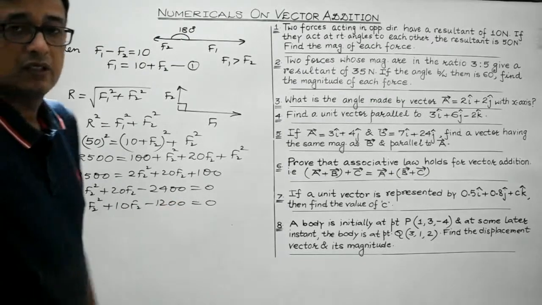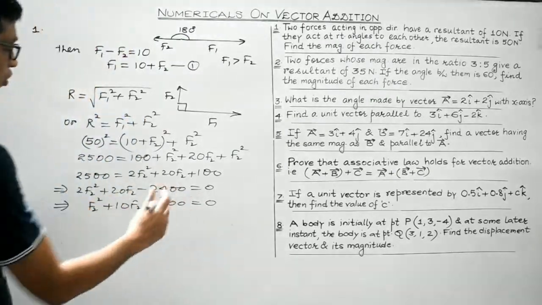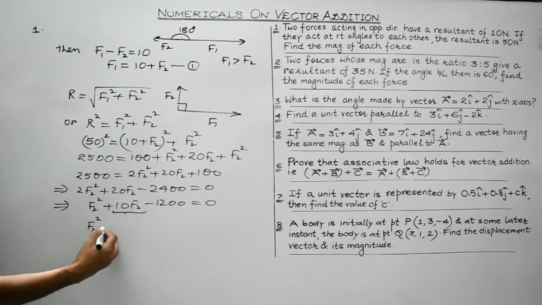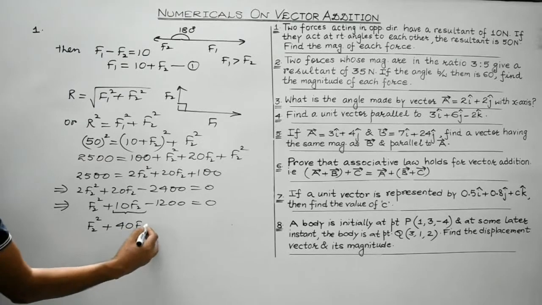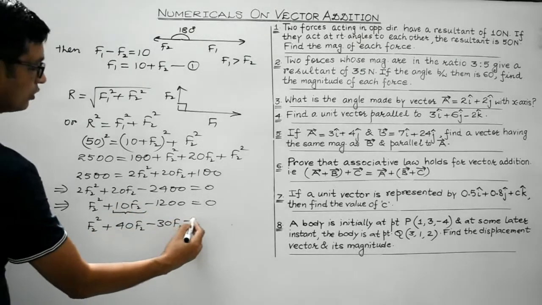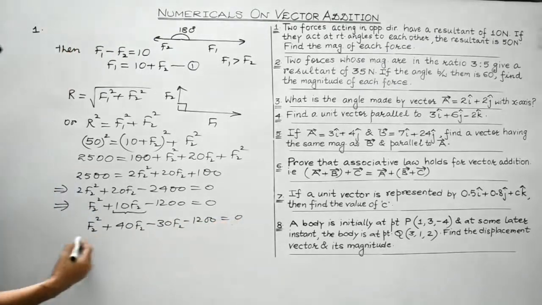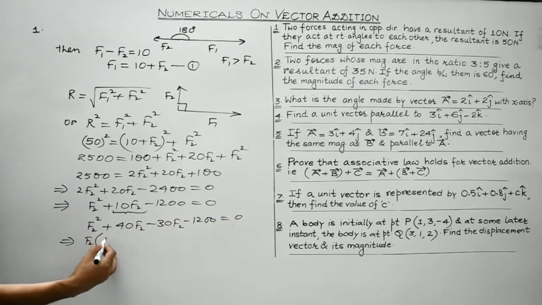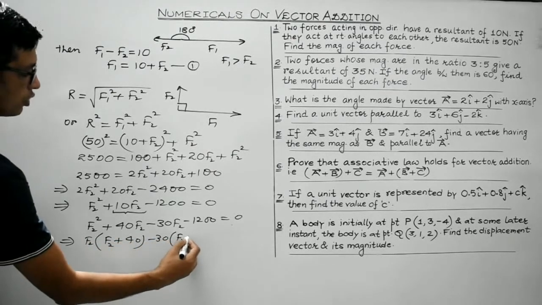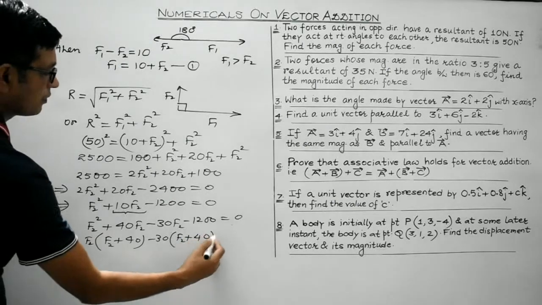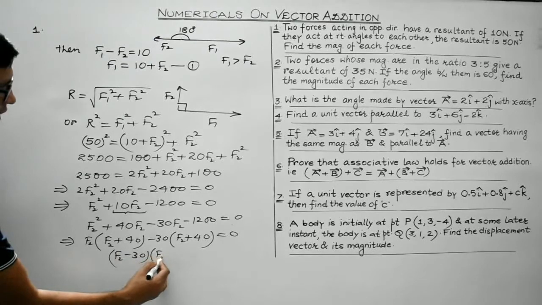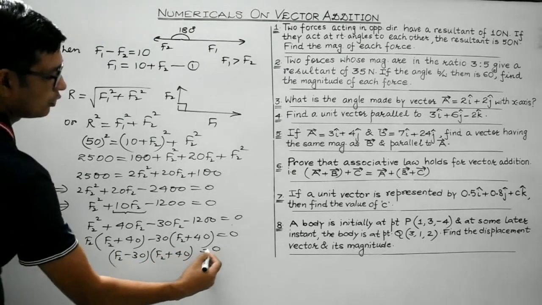Now we can solve it by splitting the middle term. It's in the quadratic form. This is the middle term, we can split it. 10F2 may be written as plus 40F2 minus 30F2. So now taking common, we get F2 into F2 plus 40 minus 30 taken common, so F2 minus 30 and F2 plus 40 is equal to 0.